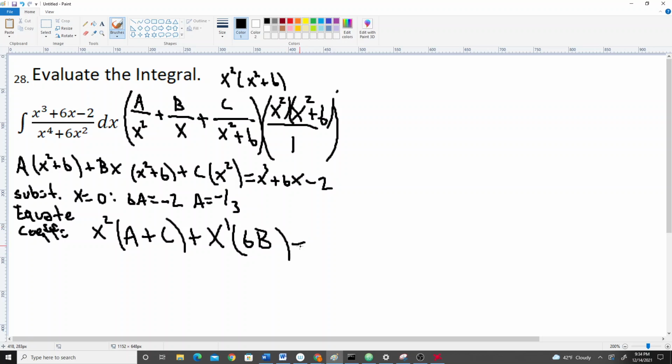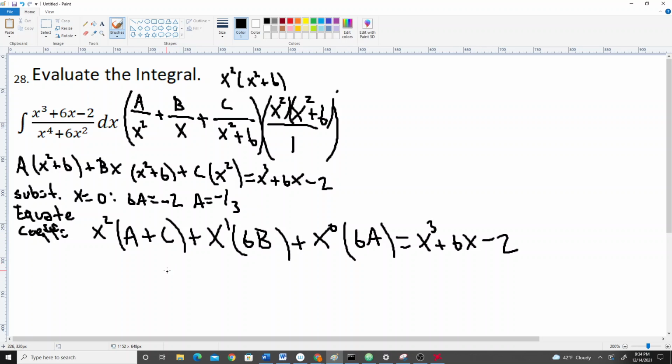And then for x to the 0th power, we're going to have 6a. And that's equal to x cubed plus 6x minus 2.